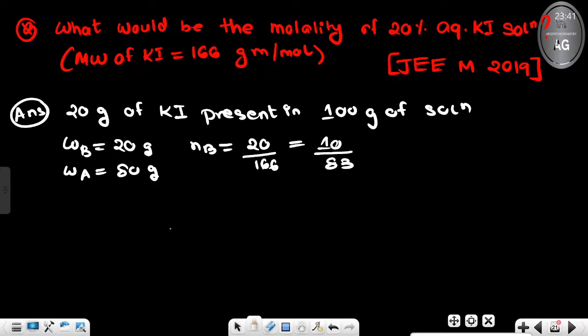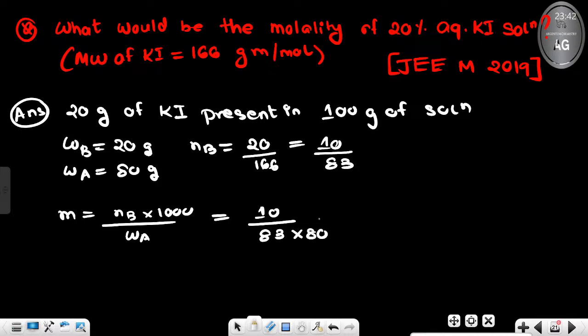Now molality is equal to what? NB divided by weight of the solvent into 1000. So can I write 10 divided by 83 into weight of the solvent is what? 80 into 1000.